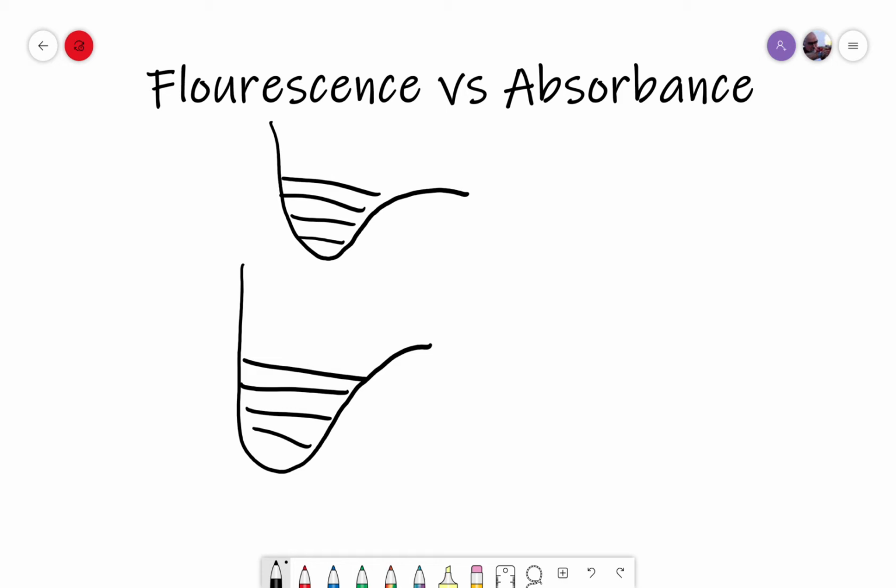Both of these processes refer to electronic transitions, where we're going from one state to another state, where we're changing the orbital description. Both of these can be used for quantitative measurements. We already know that.